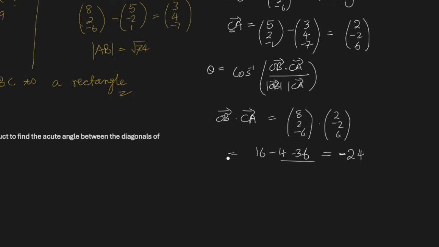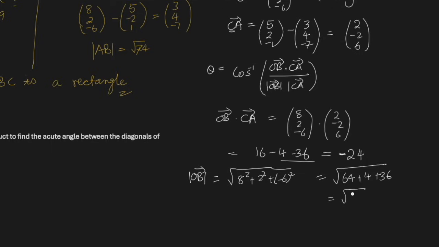Okay, let's talk about the magnitude of OB. Magnitude of OB will be 8 squared plus 2 squared plus minus 6 squared. So it will be how much? 64 plus 4 plus 36, which is square root 104. Yeah.